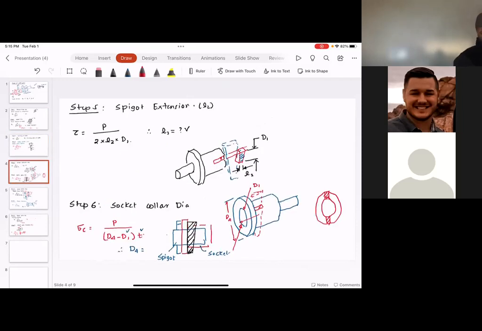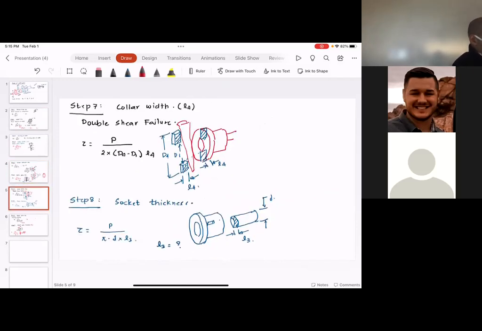Then we find out the dimension for spigot extension. And that spigot extension is found out using the shear failure. Then we find out the socket collar diameter. That socket collar diameter is the crushing of cotter onto the socket.